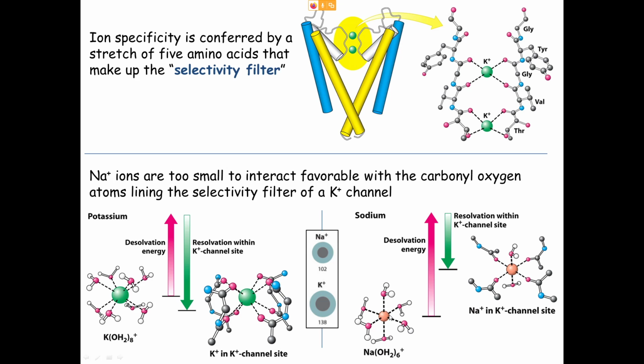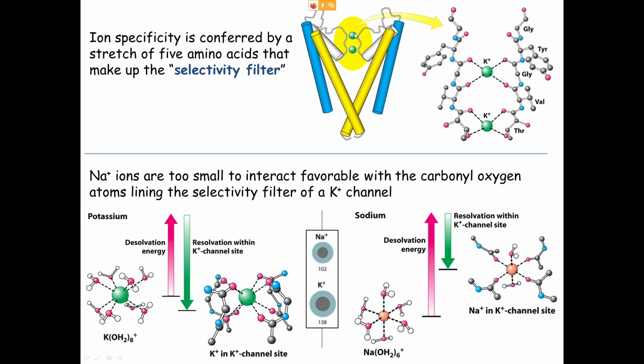Whereas the sodium jumping in is like a T-Rex. The arms aren't long enough to reach the wall, so it can't hang on with all of its limbs. It can only make 4 connections. It can't make the other 2. So that doesn't give you enough of a resolvation in the channel. This is not favorable. It goes uphill. Whereas the potassium entering a potassium channel is actually downhill. That's why it hops in the channel.